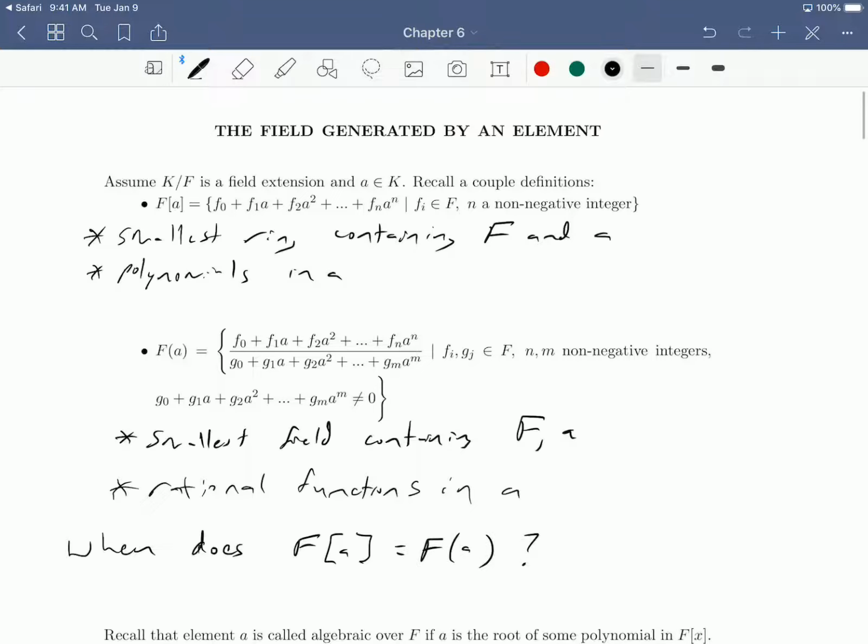And we know that this happens sometimes, like Q adjoin root 2 was actually a field without needing to add denominators because we had the denominators already. We knew how to rationalize those denominators. So the idea here, the first one up there, the polynomials in A are much easier to deal with. It's easier to not think about denominators, so when can we get away with that?